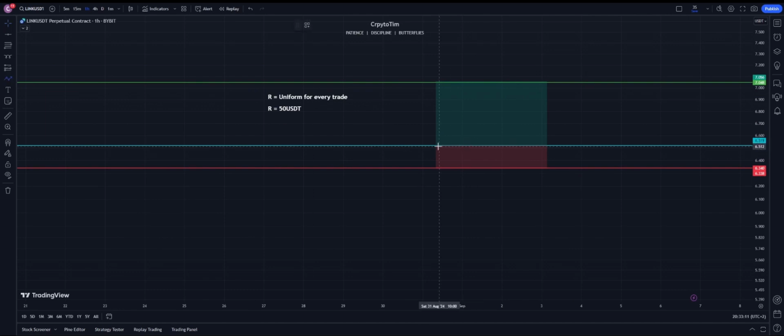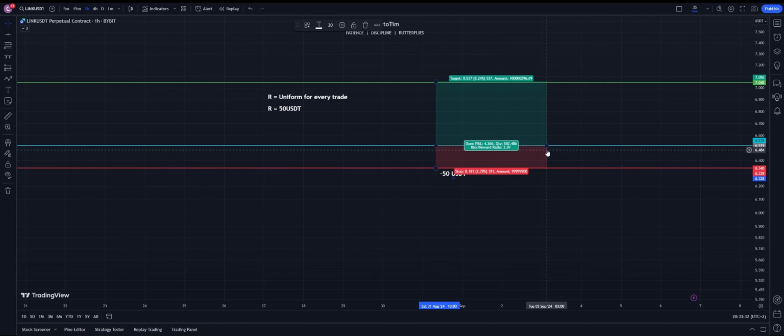So every time price is going against me, I will lose 50 USDT, so minus 50 USDT. In this case, we have a 1 to 3 risk to reward ratio. So we're risking 1 risk factor. If price is going against us, we're losing 1 risk factor. If price is going in our favor, we're gaining 3 risk factors.